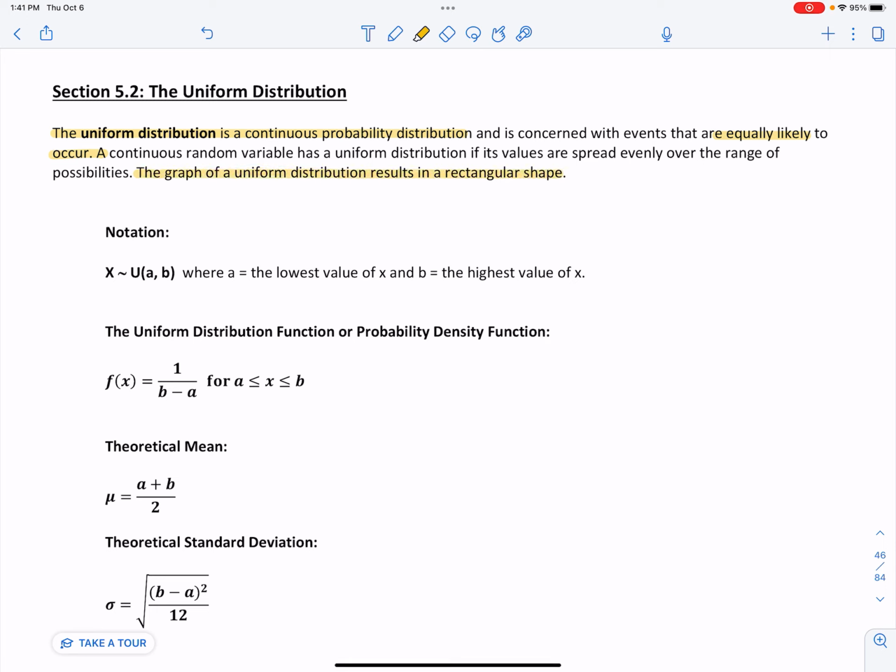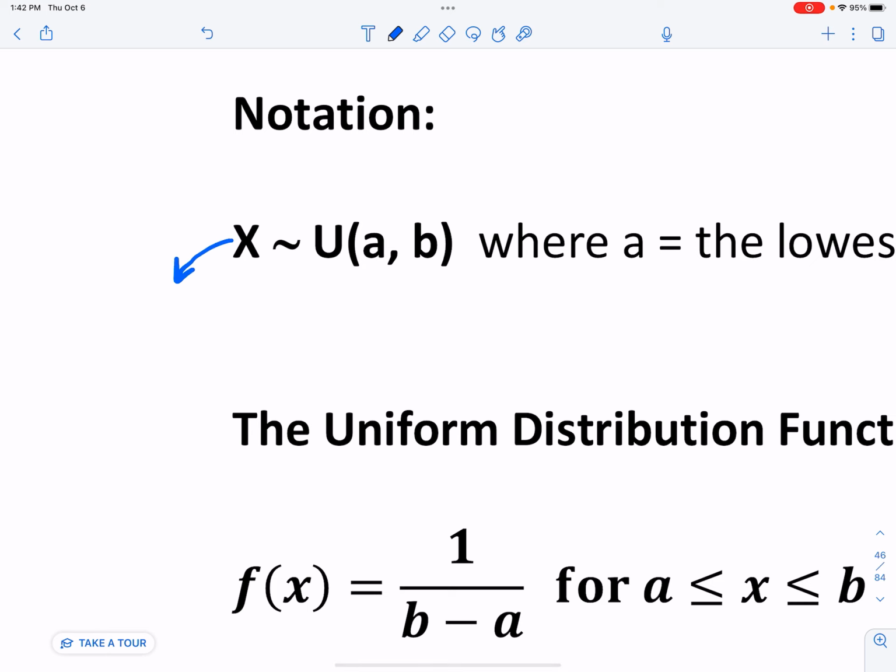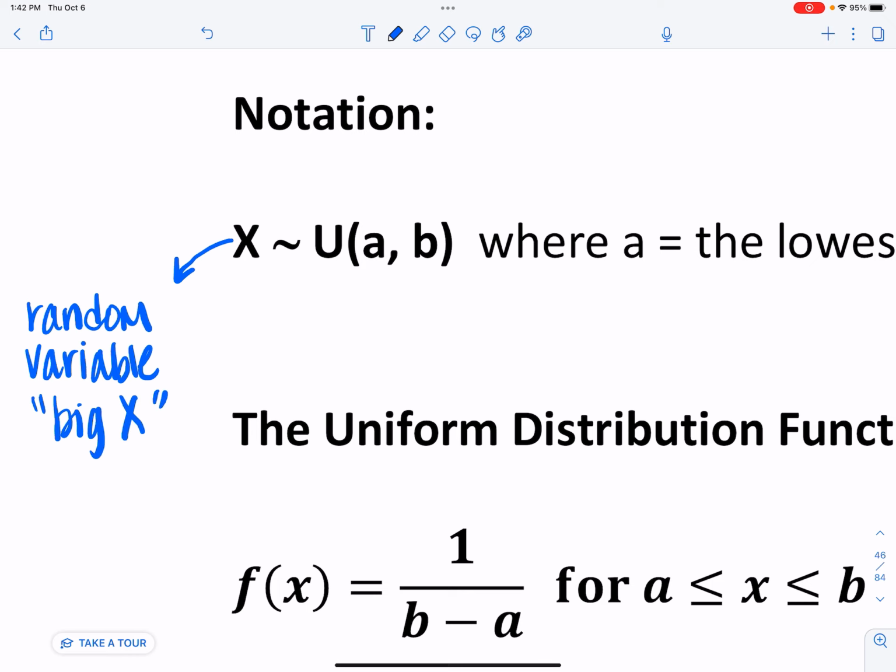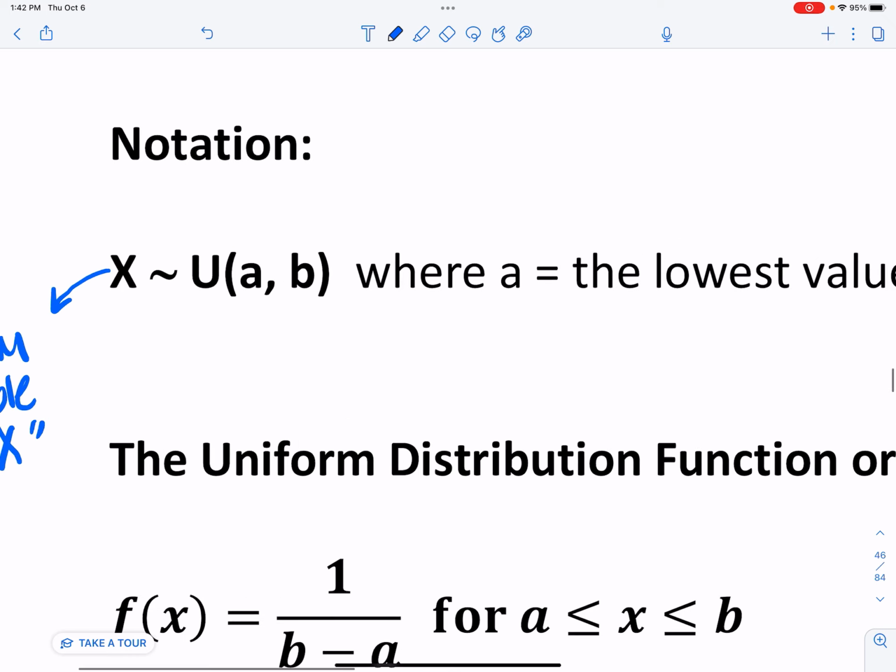Now here's the notation we've got to talk about so we can talk to each other. This is still our big X, our random variable from chapter 4. I'm still going to call it big X because big X and little x can look very similar.